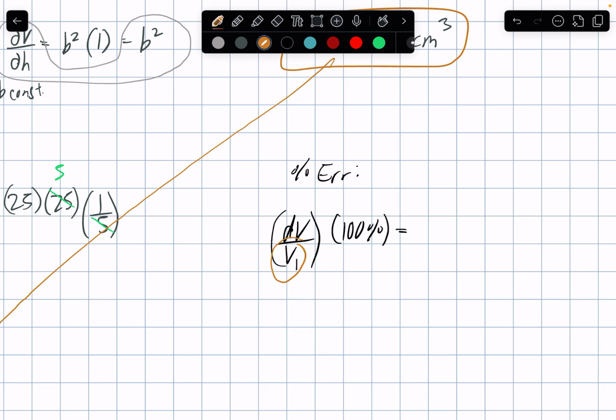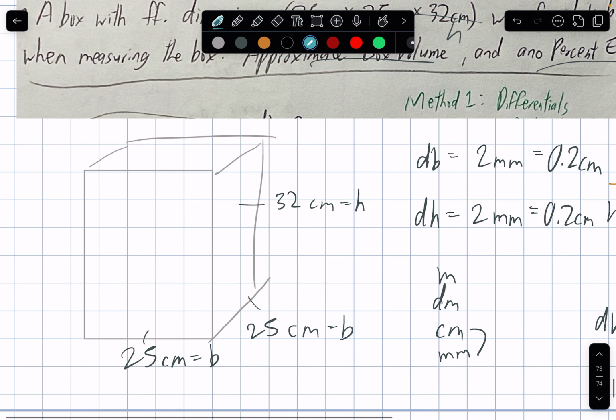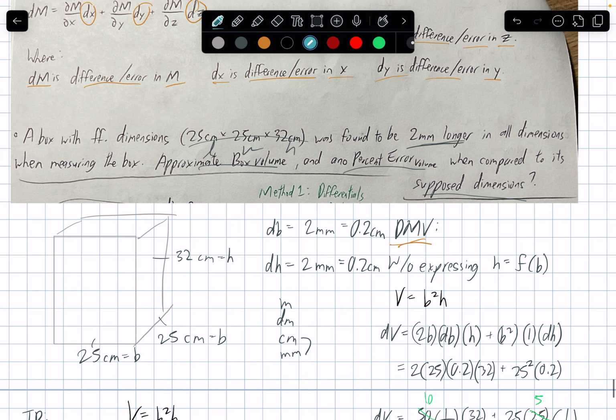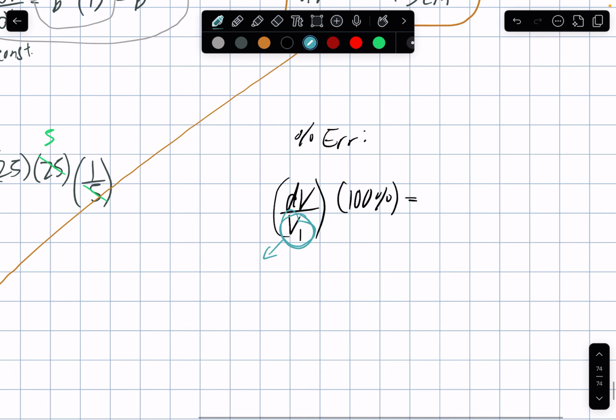So the V1 here refers to, since we have 25 for the base values and 32 for the height, right? And again, reading the problem, it was found that the dimensions were supposed to be 2 millimeters longer so that the volume would be correct. So we can say that V1 is the previous volume, or the volume that isn't correct.